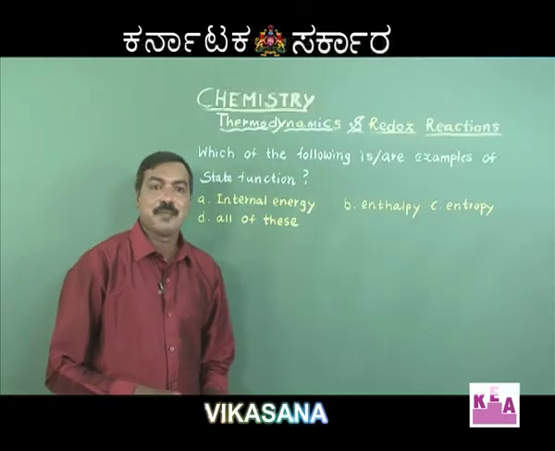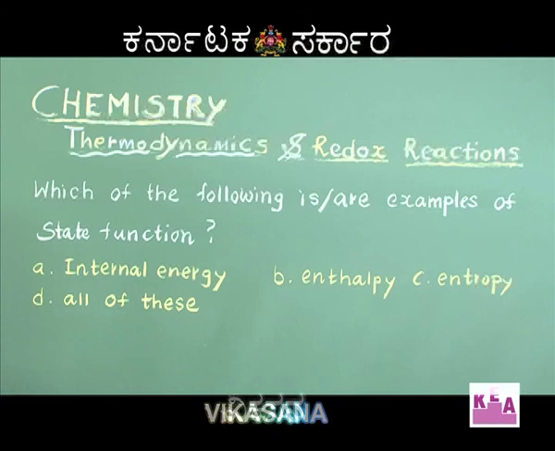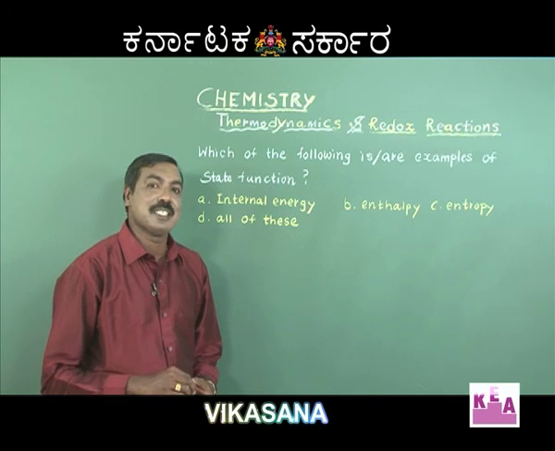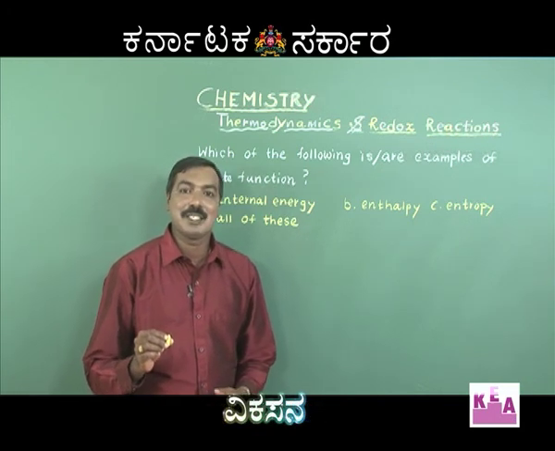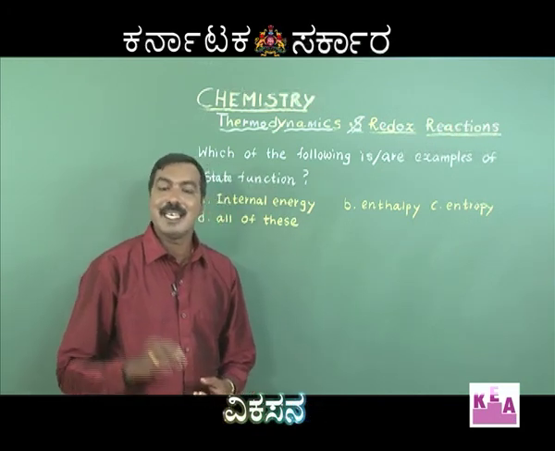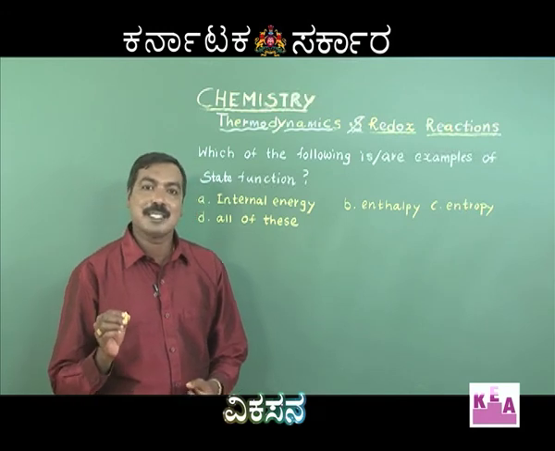Our next question: which of the following is or are examples of state function? Before I tell what is the answer here, let me give you a brief synopsis of what exactly a state function is. A state function is a thermodynamic state of an equilibrium system irrespective of the path it is attained.